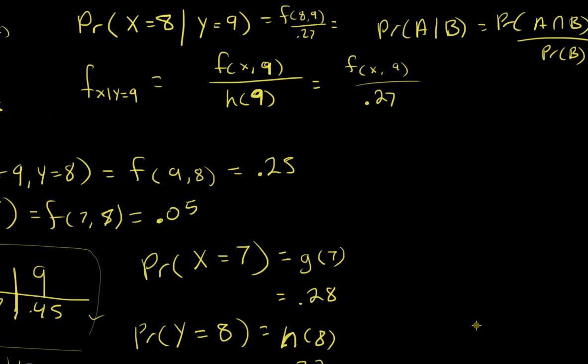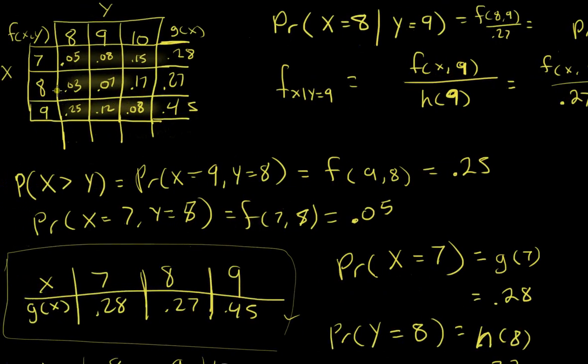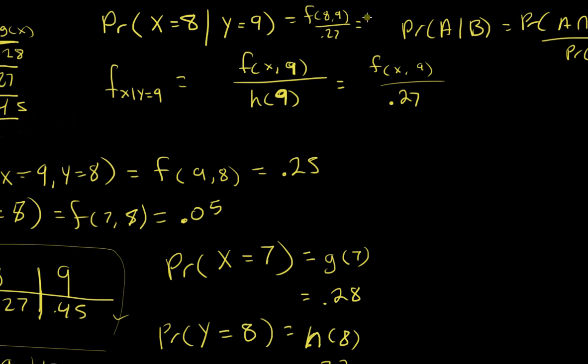F of 8, 9 is 0.07, divided by 0.27. So 0.07 divided by 0.27 is 0.259, rounding to 4 decimals, 0.2593.